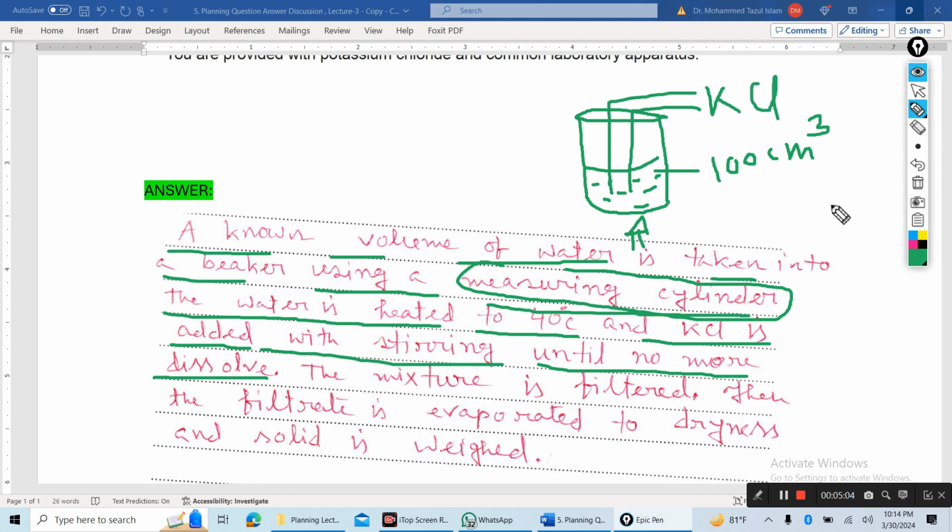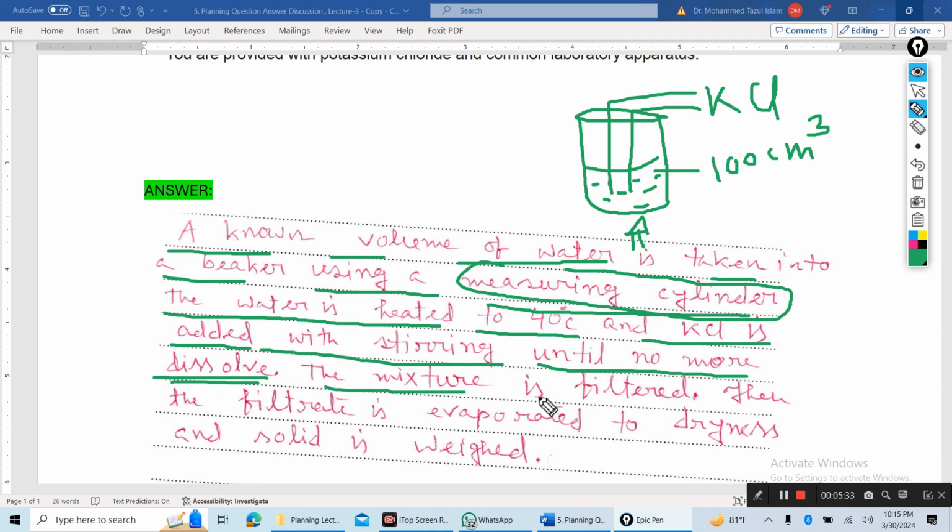After adding some potassium chloride, you will see at a certain point that potassium chloride no more dissolves. That means this solution is saturated. So the water is heated to 40 degrees centigrade and potassium chloride is added with stirring until no more dissolves.